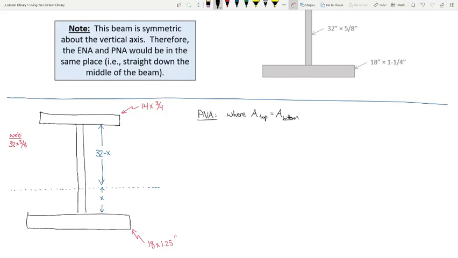So, let's see if we can evaluate that. What is the area above the plastic neutral axis? Well, it's everything above that line. So it's this plate and it's this, okay?